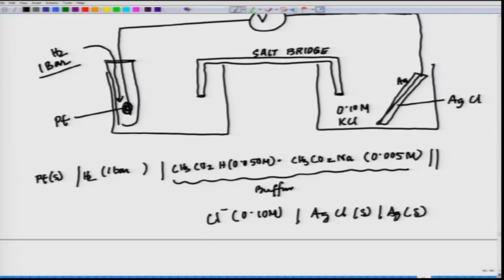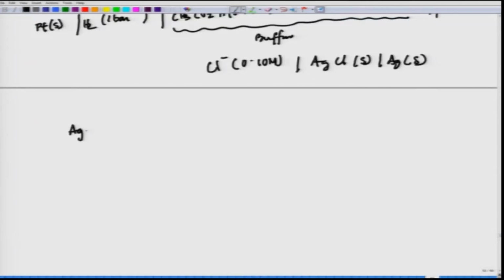Okay. So, now we allow the half cell to stand long enough to come to chemical equilibrium within each half cell. For example, on the right hand side what you are having is AgCl solid, it is coming in equilibrium with Ag plus aqueous plus Cl minus aqueous.